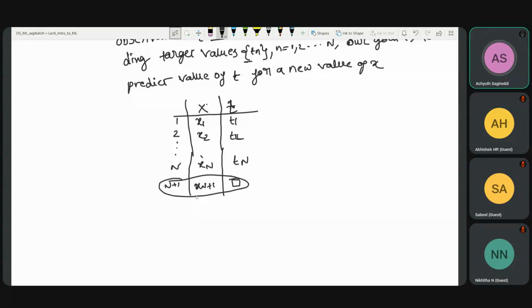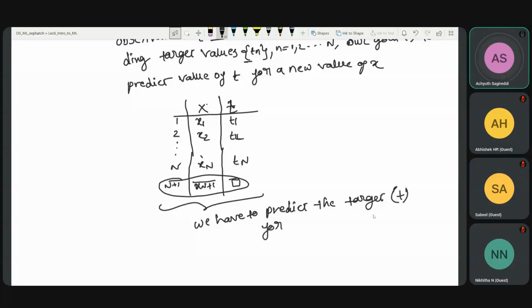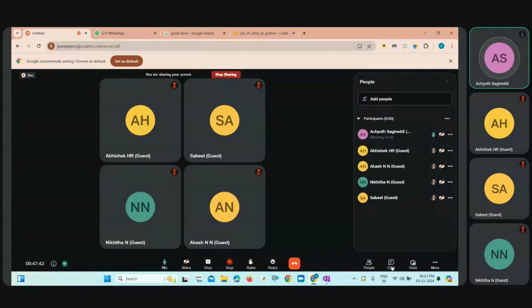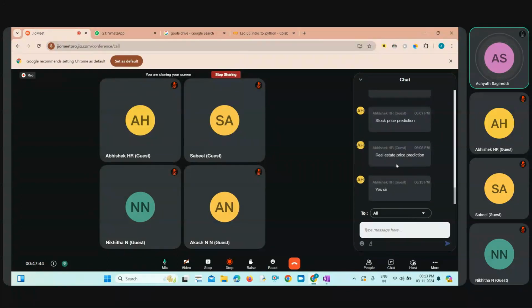We have to predict the target variable t for new x. Understood? Are there any doubts? Clear?